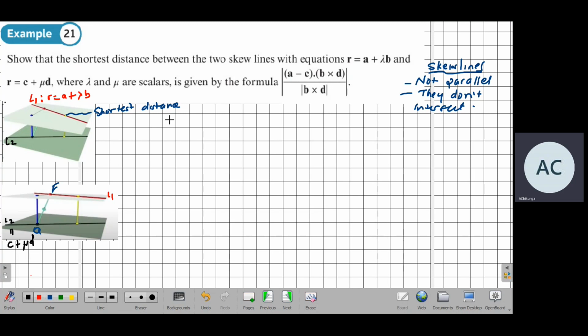Let me call it E. This yellow line, our shortest distance, E, is equal to the cross product of the two lines, B cross D, because the cross product is a vector that is both perpendicular to B and perpendicular to D. Hence it is the yellow line, which is the shortest distance.